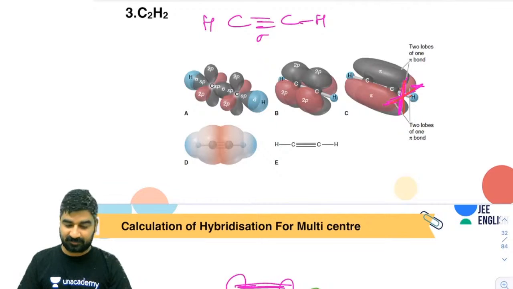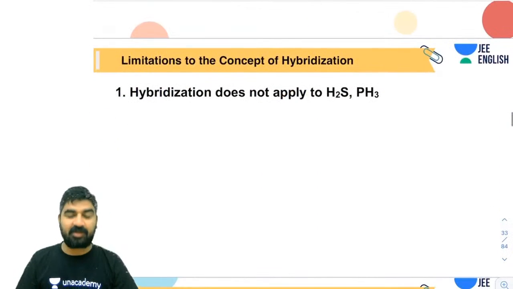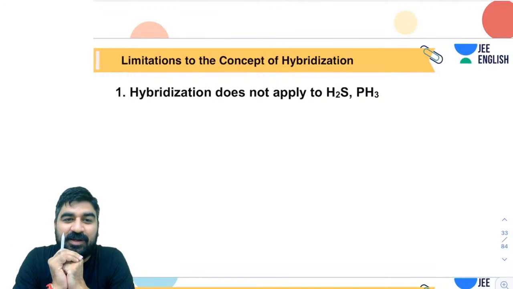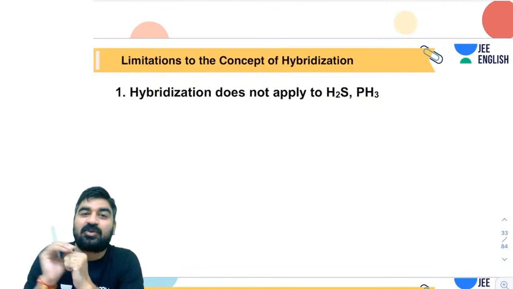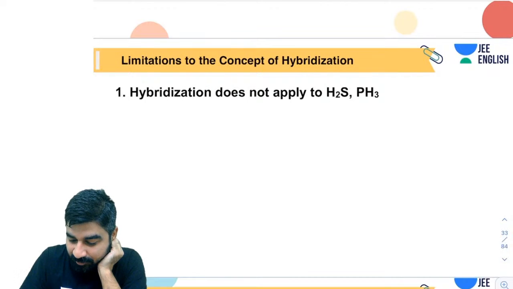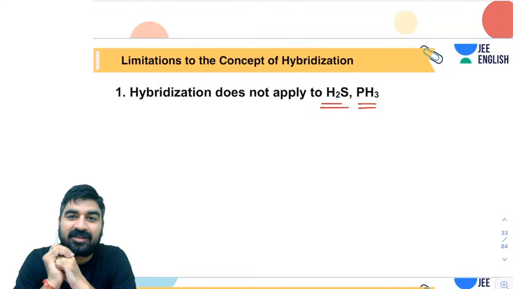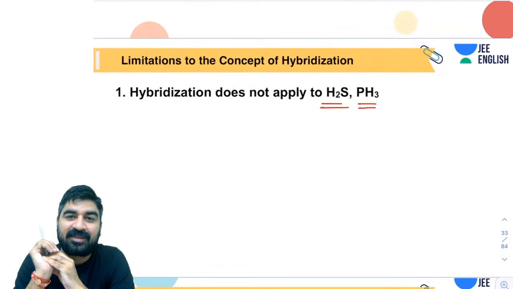Okay, so guys, this is about hybridization. Now, what are the limitations of this concept of hybridization? Hybridization does not apply to H2S and PH3. Why does it not apply? Can you tell me? I will tell you.